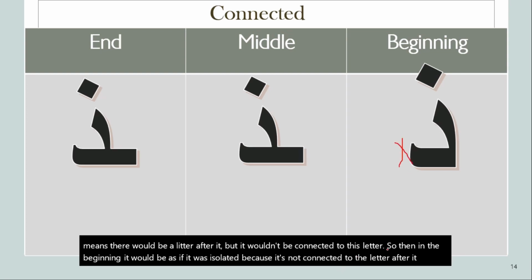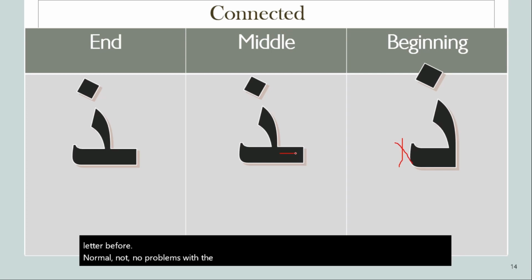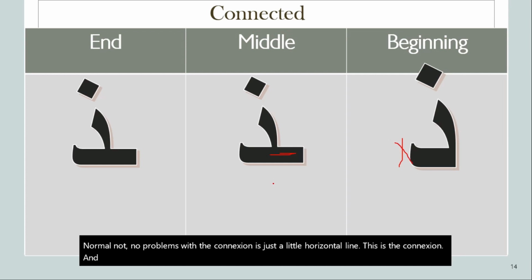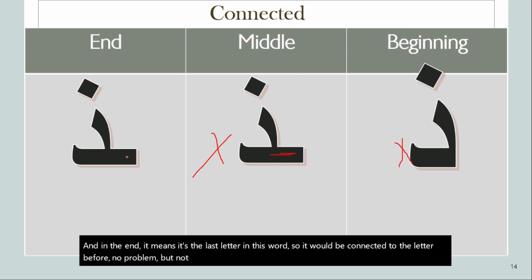In the middle, this means there is a letter before and a letter after. It would be connected to the letter before, no problems. The connection is just a little horizontal line. It would be connected before, but after, no, it wouldn't be connected to the letter after. And in the end, it means it's the last letter in this word, so it would be connected to the letter before, no problem, but nothing after.